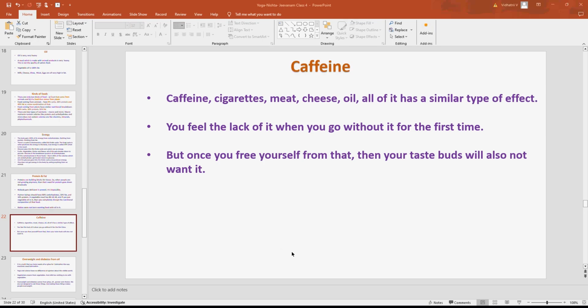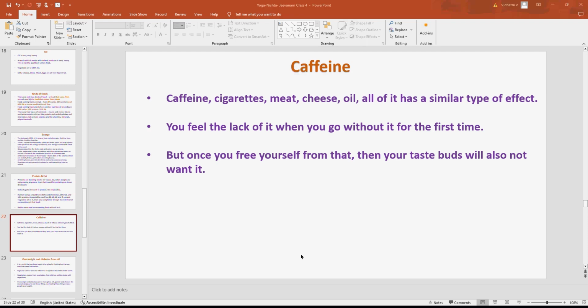We might have eaten all different things before and we had the taste for it, but when you change the taste, automatically the taste buds will change, and after a considerable amount of time your desires also will change, right? You will not want any of those things. You will actually find those things disgusting, right?